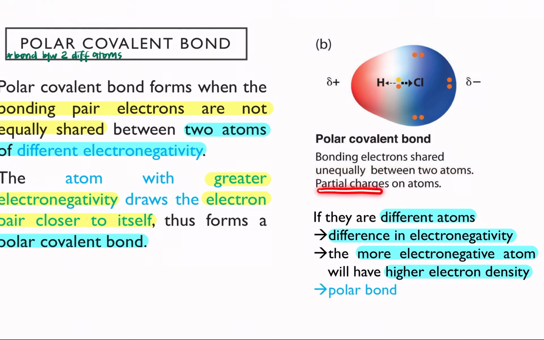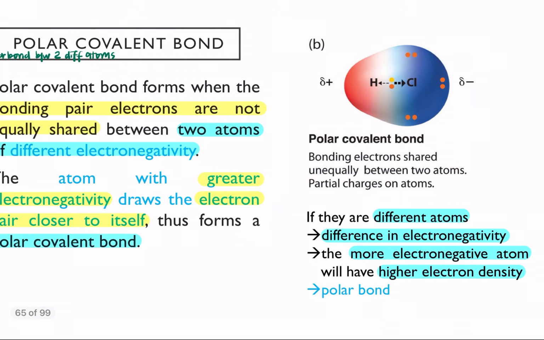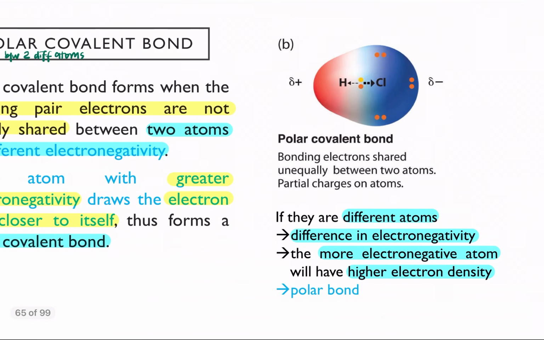Therefore, you will have partial charges. So partial charges are represented by this delta negative. So this is partially negative charge, and delta positive, your partially positive charge.